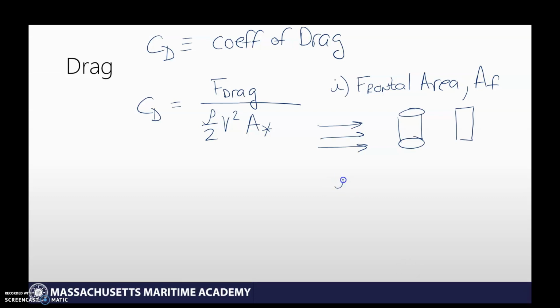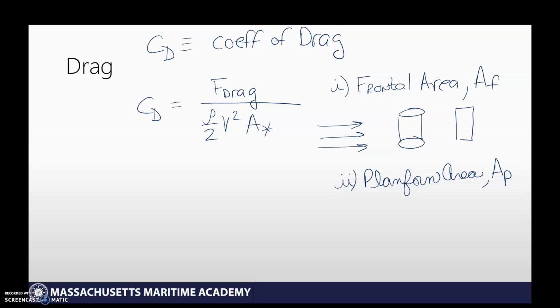The second one is what we call the planform area. Now, planform area is kind of neat, so that would be A sub P. So planform area is kind of like the frontal area, but it's the body seen from 90 degrees above the flow.